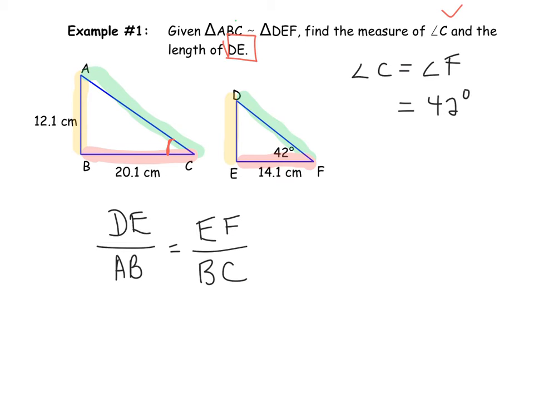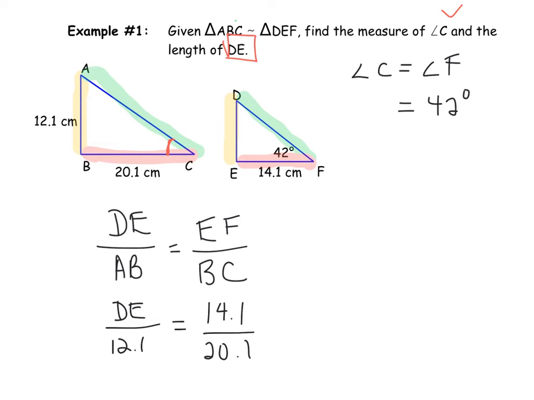Let me just substitute in the values that I have here. So DE is my unknown, so I'm just going to leave that as DE. AB is 12.1. I'm going to leave out the units and just remember them for the end. EF has a measure of 14.1 and BC is 20.1.